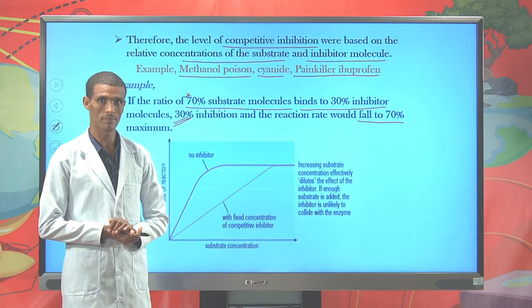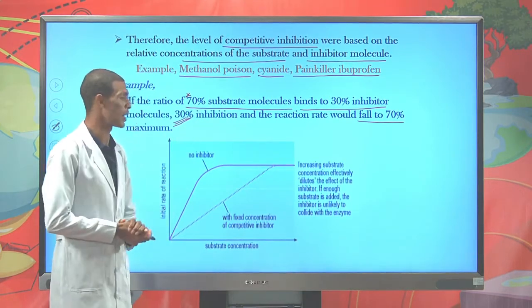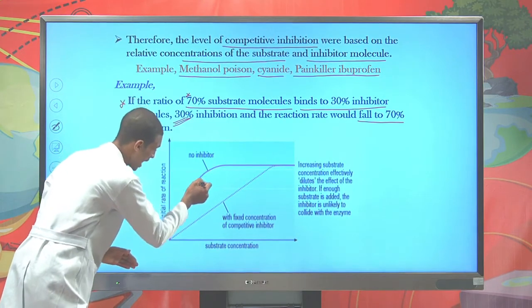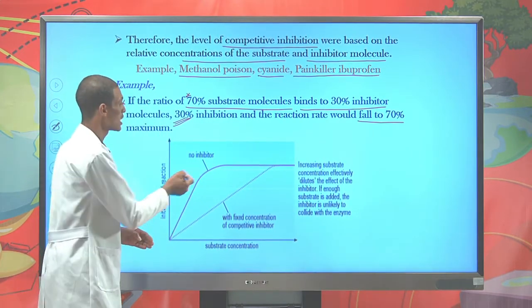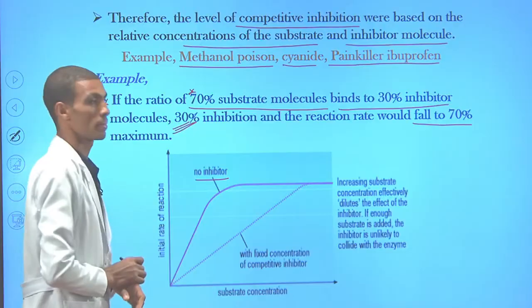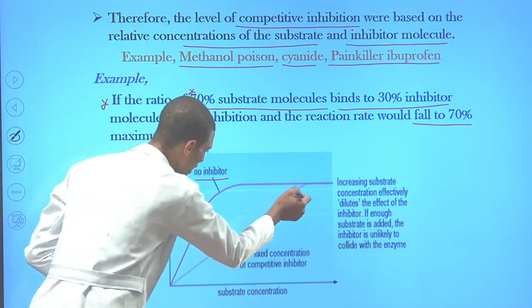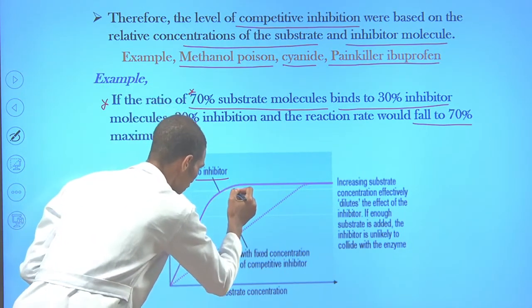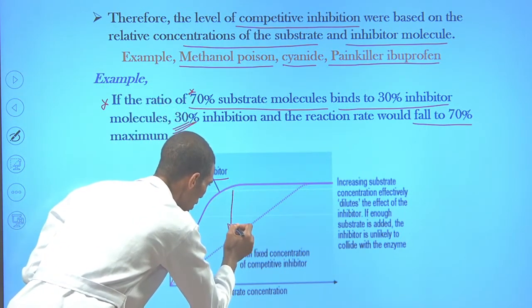Let's see this diagram together, student. The reaction can proceed at a high rate here. There is no inhibitor. If a certain concentration of inhibitor is added, the rate drops here. The rate is dropping to here.